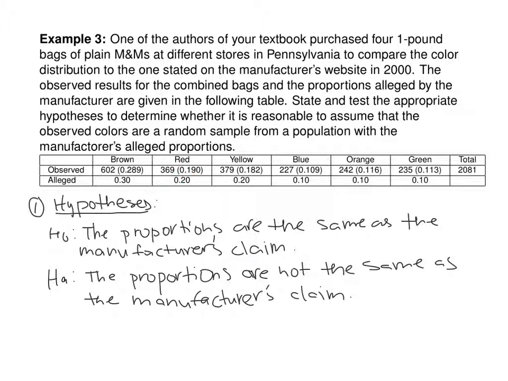If you want to use whole numbers, you could take this 2081 and multiply it by 0.3, 0.2, 0.2, 0.1, 0.1, 0.1, and you could get numbers for each of those categories. But since we have probabilities for both of them, let's just use those. And I'm going to need a new slide because I'm out of space.